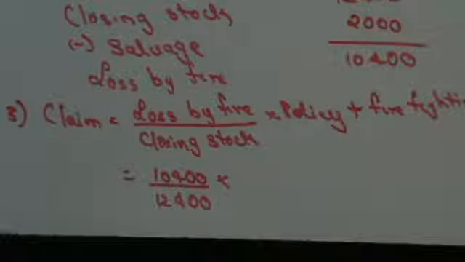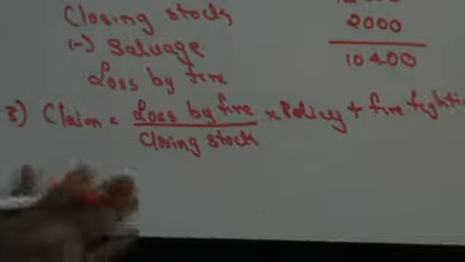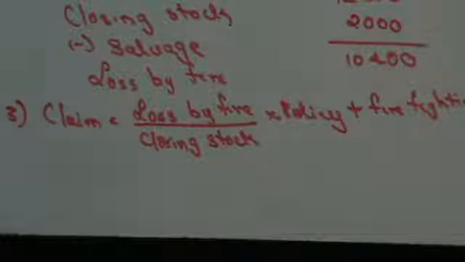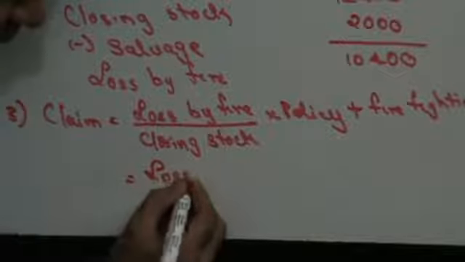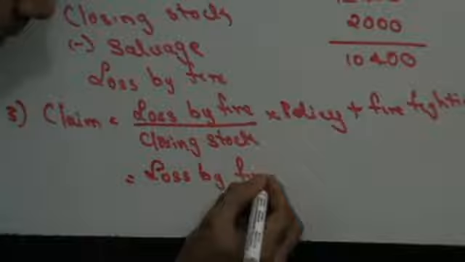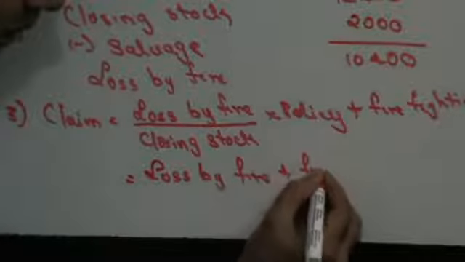I had explained this to you yesterday. If the policy amount is more than the closing stock, in that case, loss by fire is going to be equal to the claim amount. So claim amount here will be straight away loss by fire plus firefighting expenses.